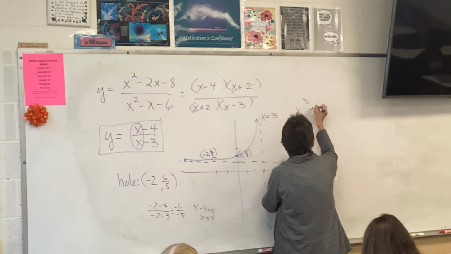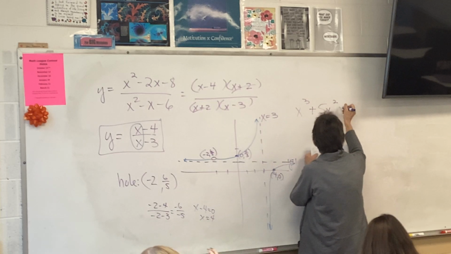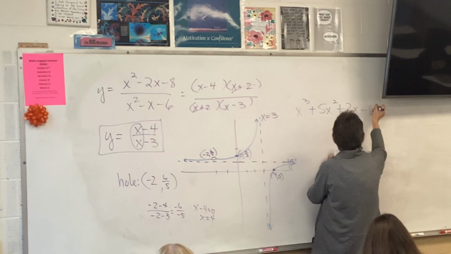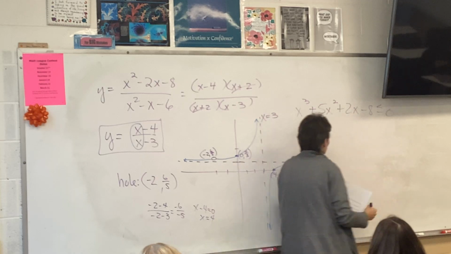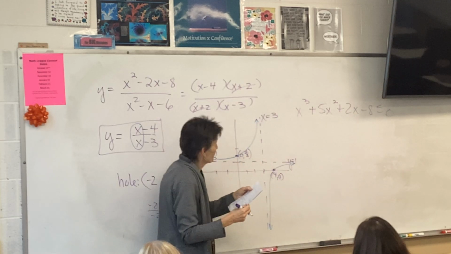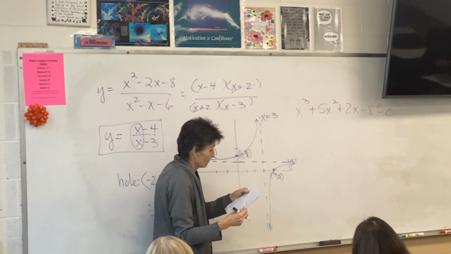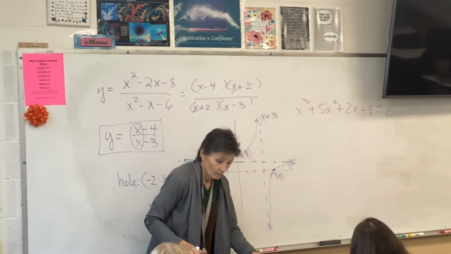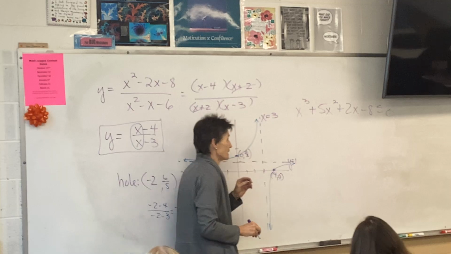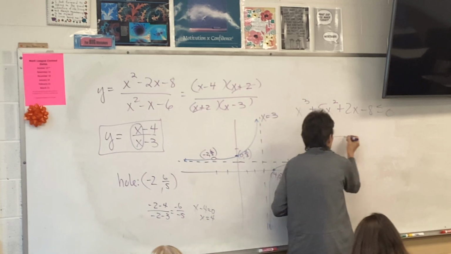X cubed plus 5x squared plus 2x minus 8 less than or equal to 0. All right, it's an inequality, so I know I'm going to use a number line.